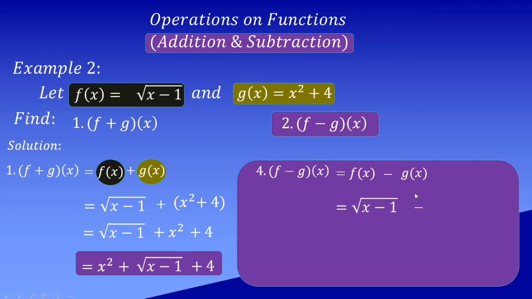G of x is equal to x squared plus 4. Then copy square root of x minus 1, then negative multiplied by x squared is negative x squared, then negative times positive 4, that is negative 4. After simplifying the difference function, we cannot combine the three terms. So the result is square root of x minus 1 minus x squared minus 4.